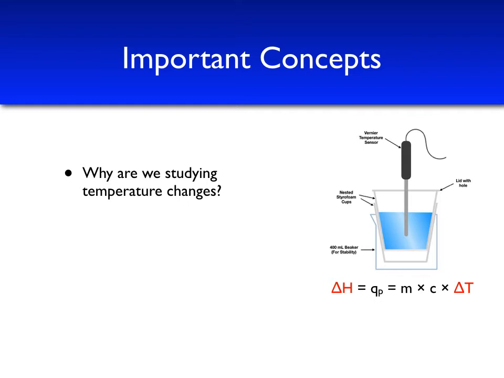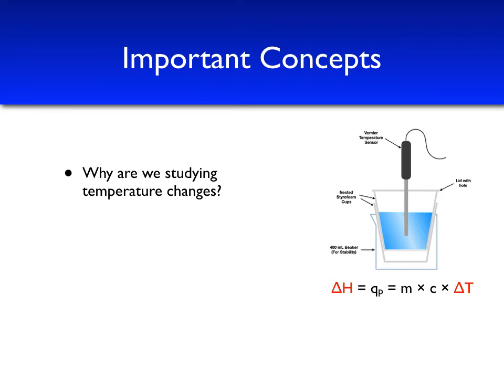We know from lecture that the enthalpy change, delta H, is related to the heat evolution at constant pressure. We also know from calorimetry that Q can be calculated if you know the mass, m, specific heat, lowercase c, and temperature change, delta T, for the system.